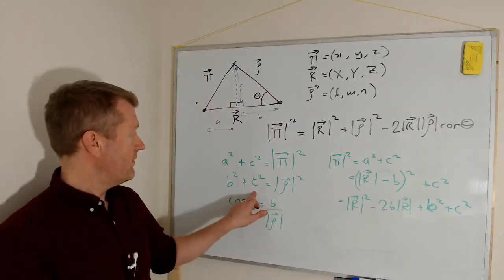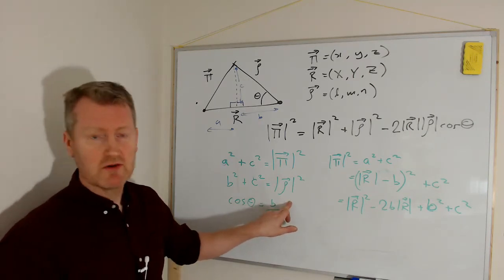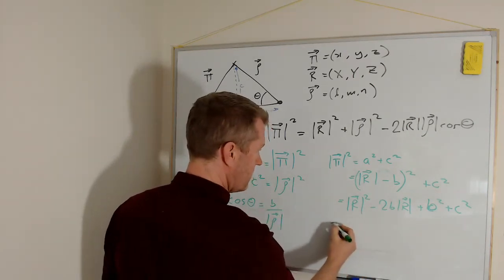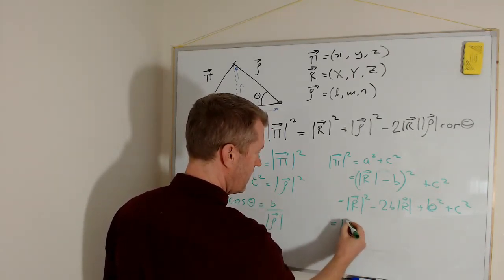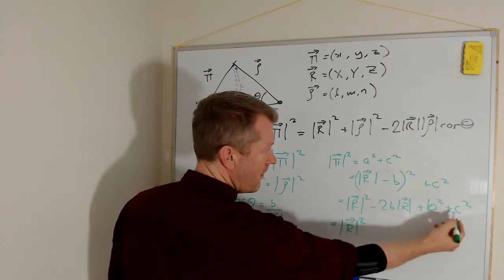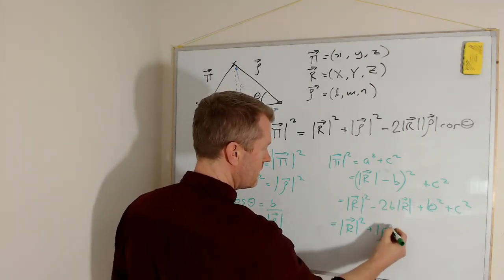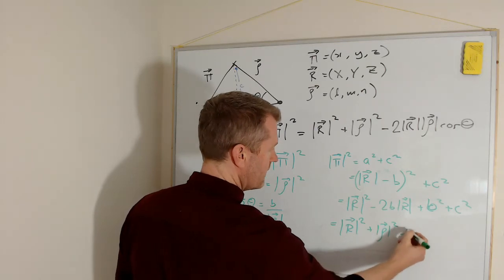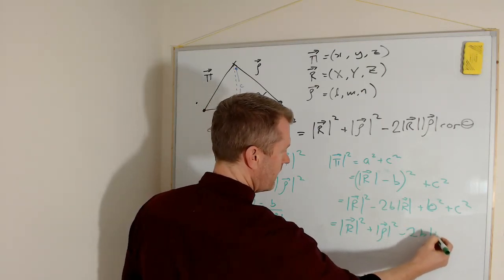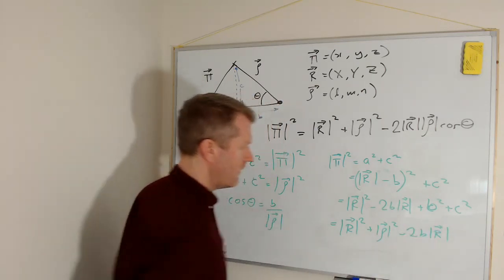Now we have here B squared plus C squared equals rho squared. So let's write that out again. So we have R squared plus rho squared minus 2BR, and now we're getting there.